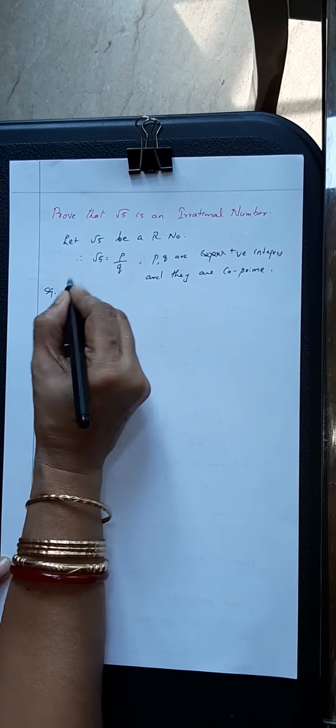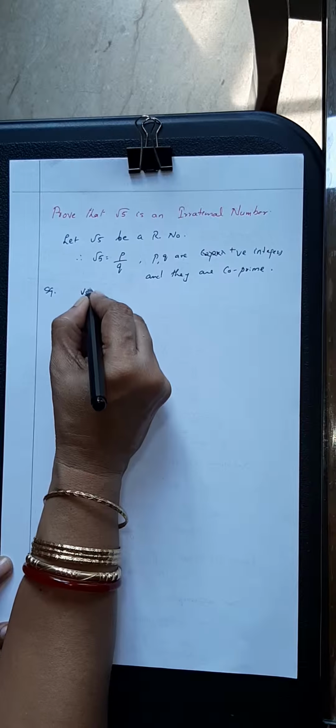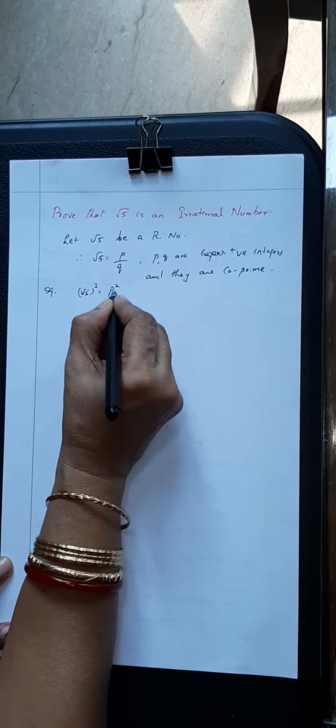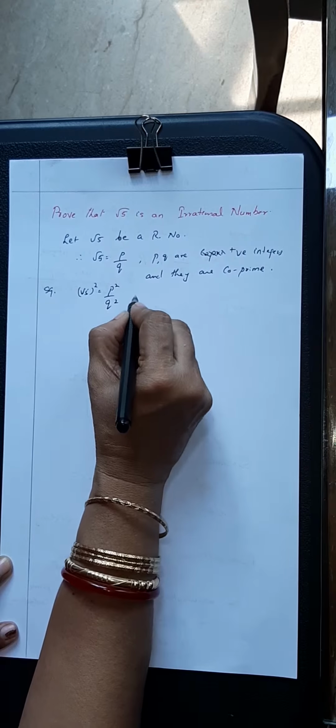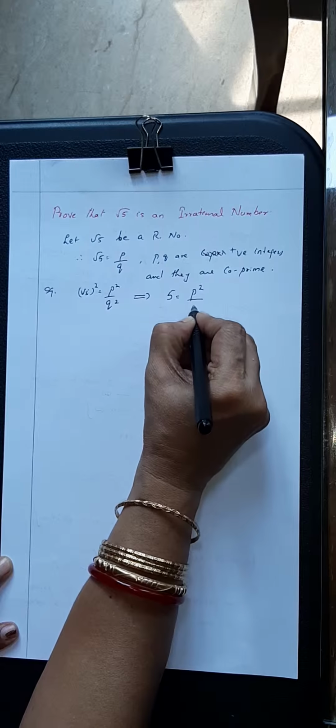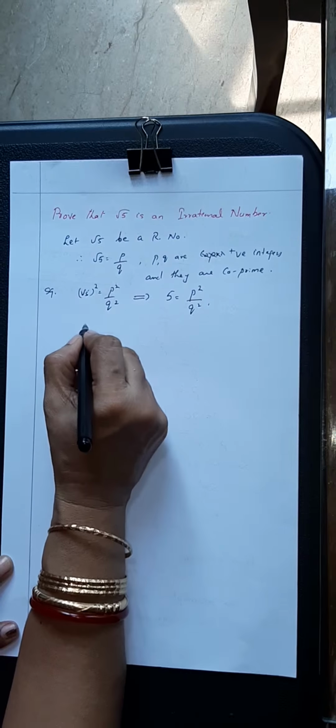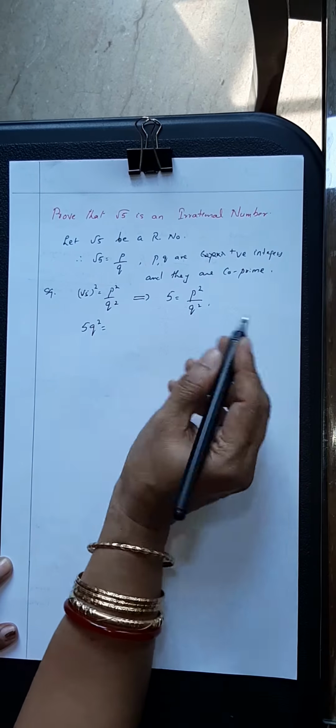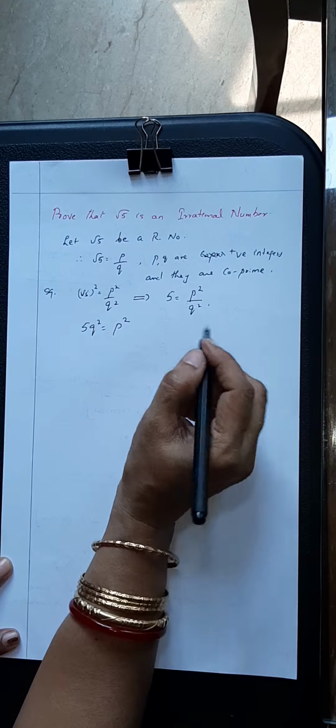Now squaring, you will get root 5 the whole squared is equal to p squared by q squared. From that you get 5 is equal to p squared by q squared. So 5q squared is equal to p squared.